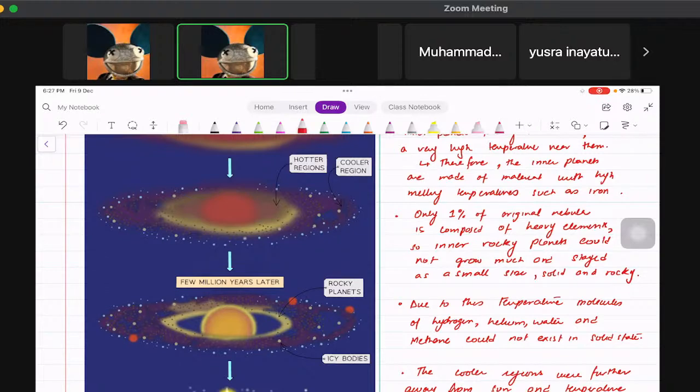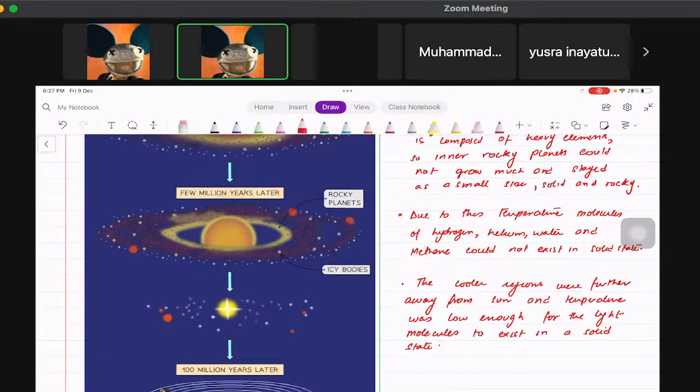Now, this is the reason why the outer ones are gaseous, because outer planets therefore could grow to a large size and include even the lightest element, hydrogen.